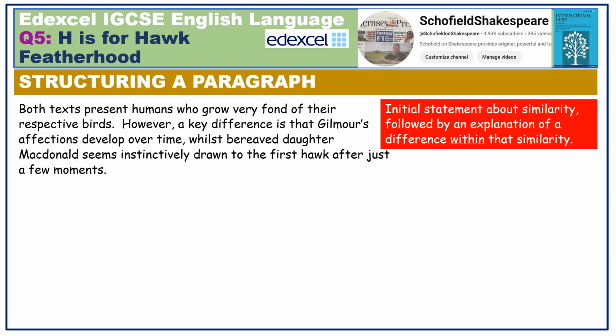Let's have a look at how you might structure a paragraph. Start with a similarity within a sentence saying both texts. In the second sentence, then probe and dissect that similarity, pointing out different ways in which that similarity is presented within the two texts.